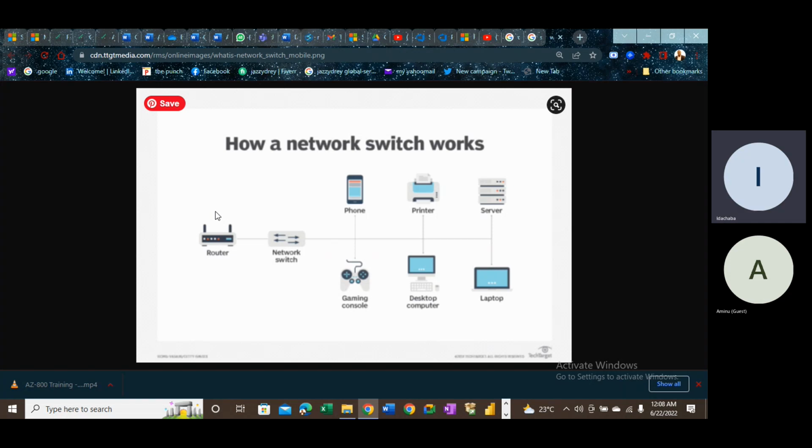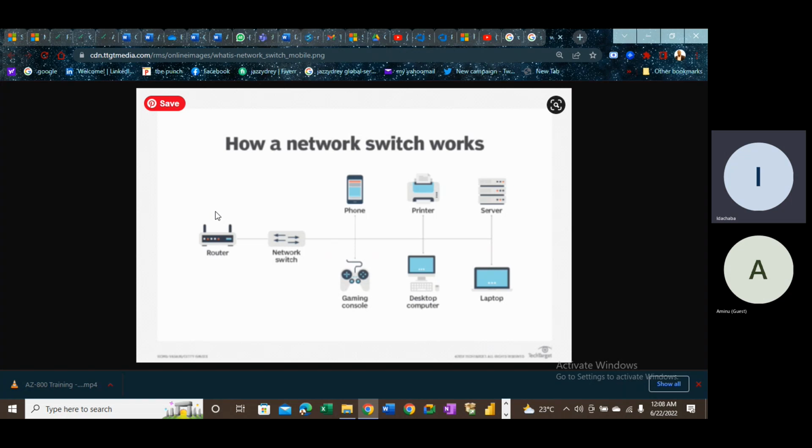So if you have a company network, and I have a company network, all your computers can communicate with each other within your organization, right? Yes. Good.